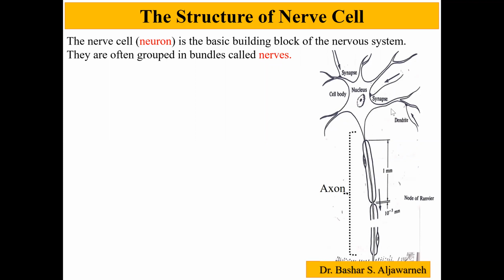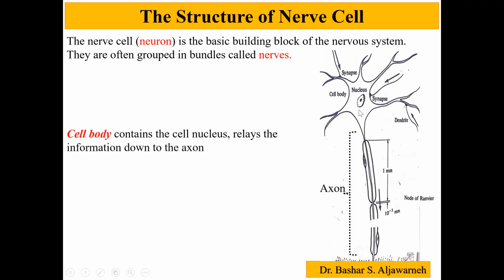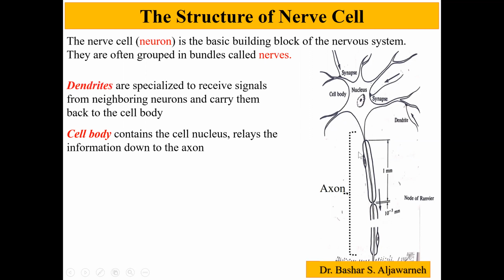The cell body contains the nucleus and transfers the information all the way down to the axon. Second, the dendrites are specialized to receive signals from neighboring neurons through the synapses and carry them all the way back to the body.